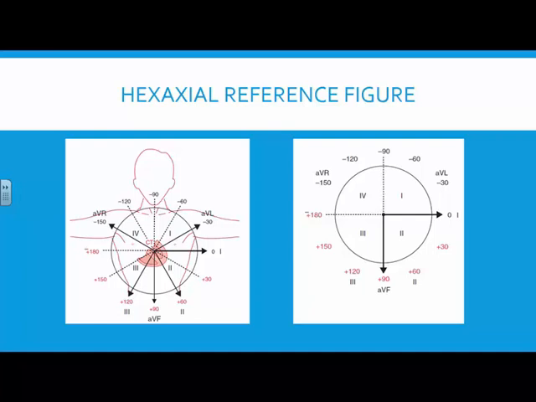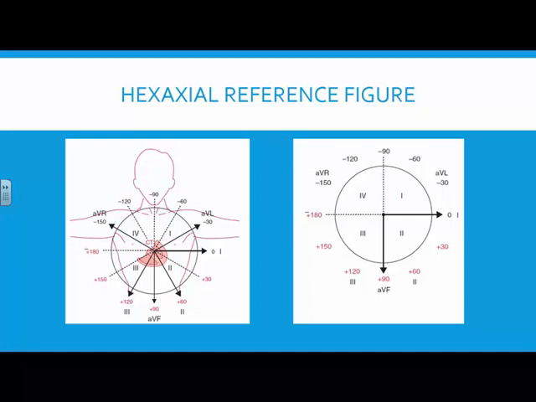For your augmented leads, the monitor has to create a common negative, which is usually the center of the heart. And so for aVR, it turns your right arm lead into the positive. For aVL, it turns your left arm lead.